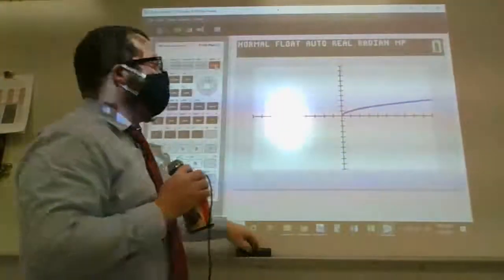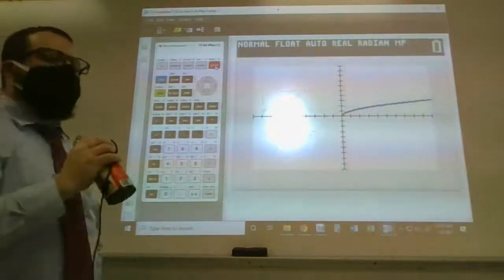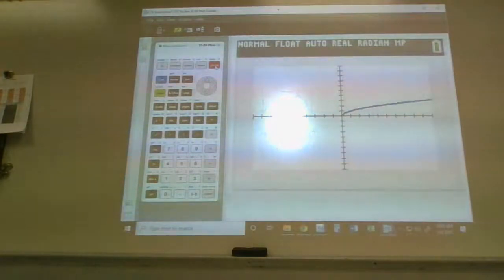There are various reasons why it's not there, but the most important reason has to do with the definition of being a function. Now, please correct me if I'm wrong, because I did not teach you Algebra 1.